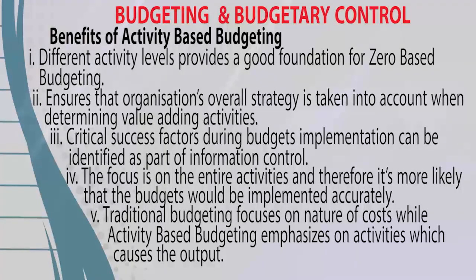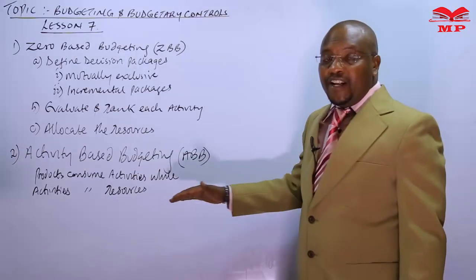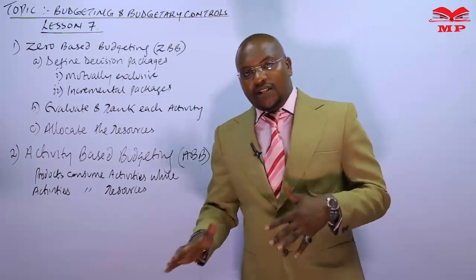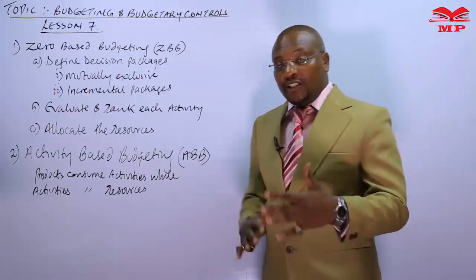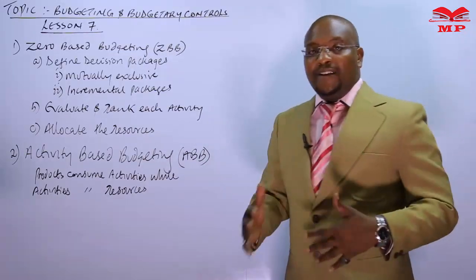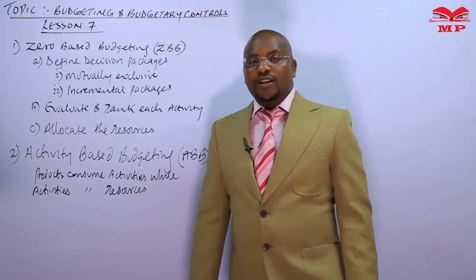Now, when we talk of these benefits, we have different activity levels, which after understanding those activities, like now they have named the labor hours, machine hours, the production setups, the production runs, the dispatches, the number of orders, all that.